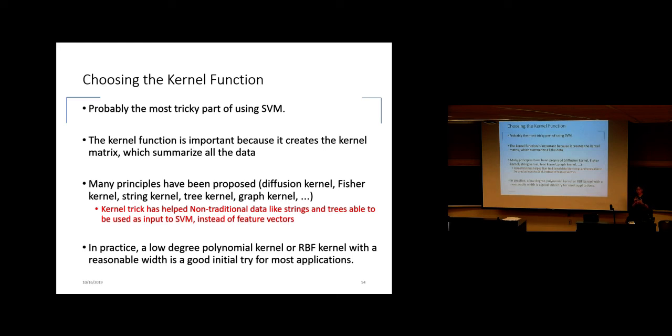All those discrete data structures can have similarity functions designed for them. Then you can use the whole support vector machine paradigm to perform theoretically guaranteed classification. The kernel trick really helped non-traditional data fit into the formulation to perform nicely formulated classification, with a good balance of the bias and variance trade-off.